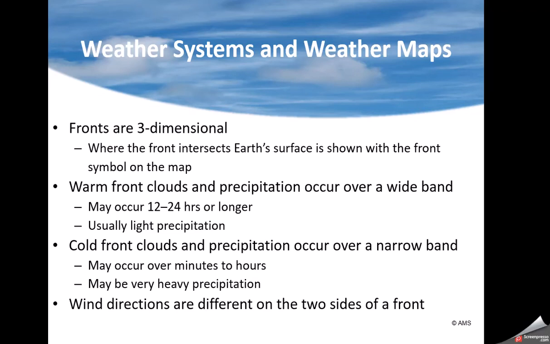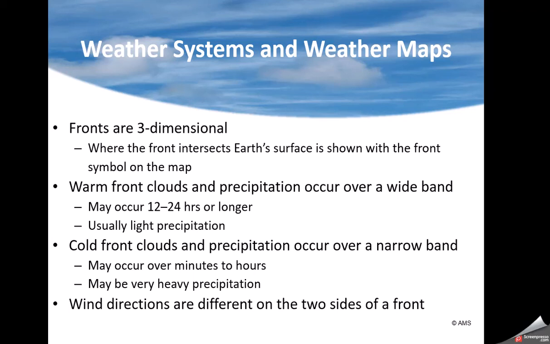And with everything I'm saying here, weather is three-dimensional. That's why we showed you the three-dimensional picture there, so that you'll get an idea that we're not just looking at weather at the surface of the earth, but all the way up through the atmosphere. For example, if you happen to be a pilot flying into an airport and a cold front just passed that airport, and say you were coming in from the east, you might be interested in where you're going to cross that cold front because your winds are going to shift.